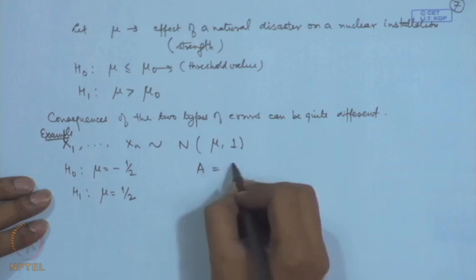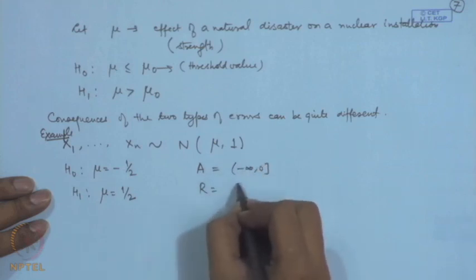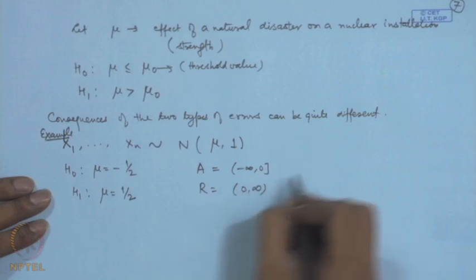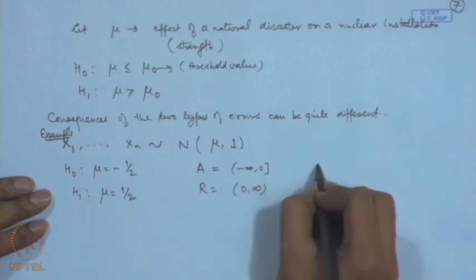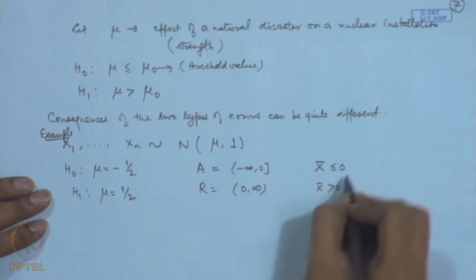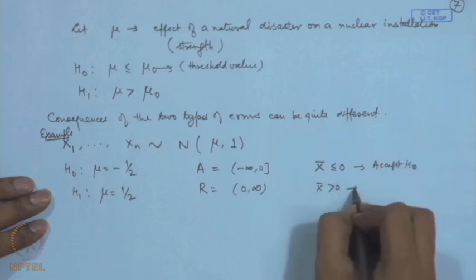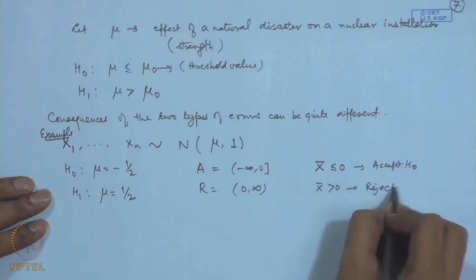If it is negative, we accept the hypothesis; the rejection region is 0 to infinity. So, the decision is based on x bar: x bar less than or equal to 0, or x bar greater than 0. Here we accept H naught and here we reject H naught.